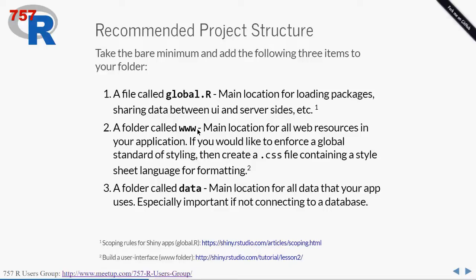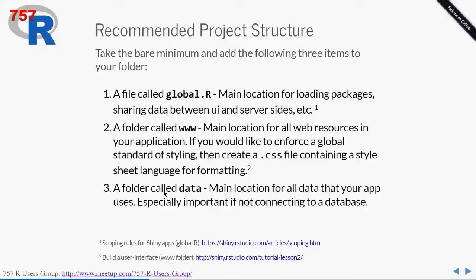Those are all resources that your app is going to use. You can think of them as external dependencies that are not written in R that your app is going to have to reference. So as your app gets more complex and you add more features and functionality, it makes sense that you create a separate folder, www, to keep all that stuff separate, and you can maintain it over there.